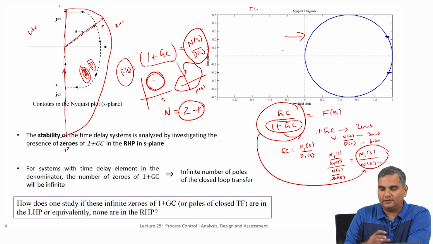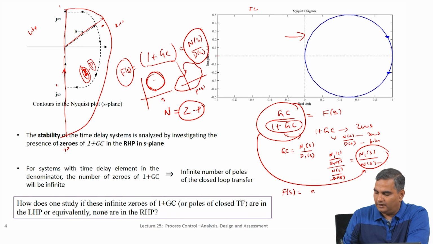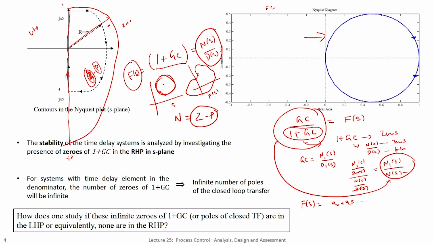This contour computation is very simple, whatever be the F(s). So F(s) can be some a0 plus a1 s all the way up to am s to the power m, divided by b0 plus b1 s all the way up to bn s to the power n. I do not even have to have this in root resolved form. It could have, for example, some time delay term here also. It does not matter.